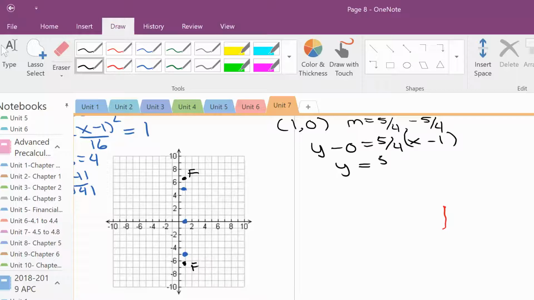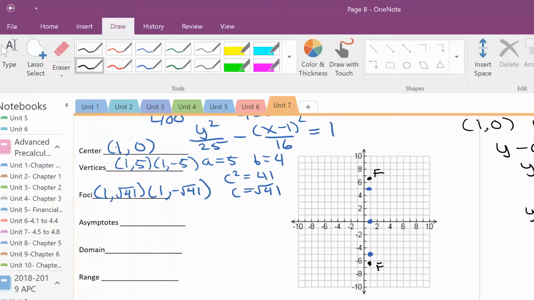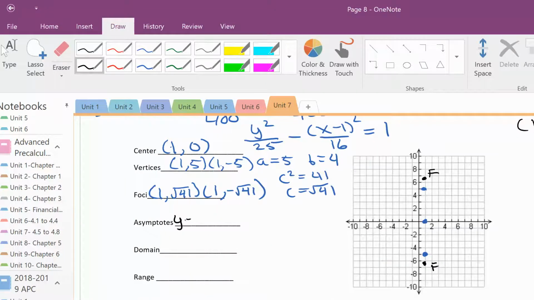So y equals 5/4 x minus 5/4. And y minus 0 equals negative 5/4 times x minus 1. So y equals negative 5/4 x plus 5/4. So those are your two equations.